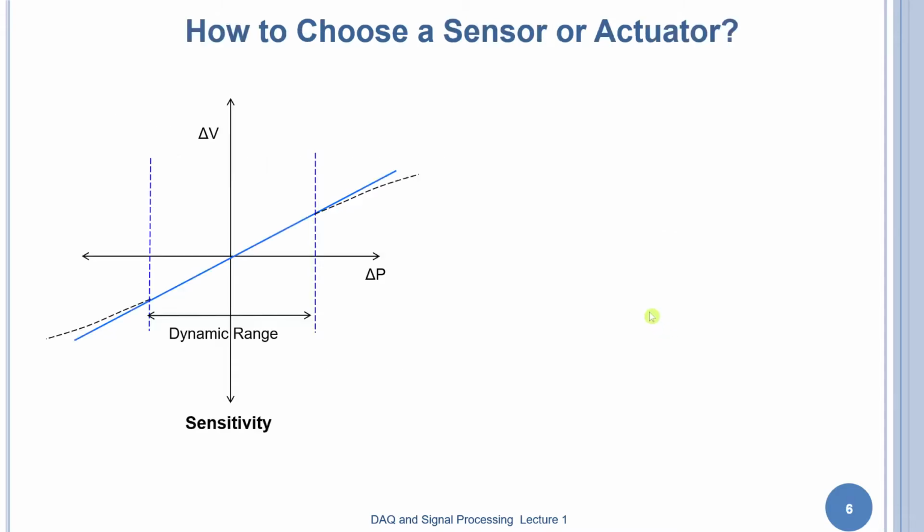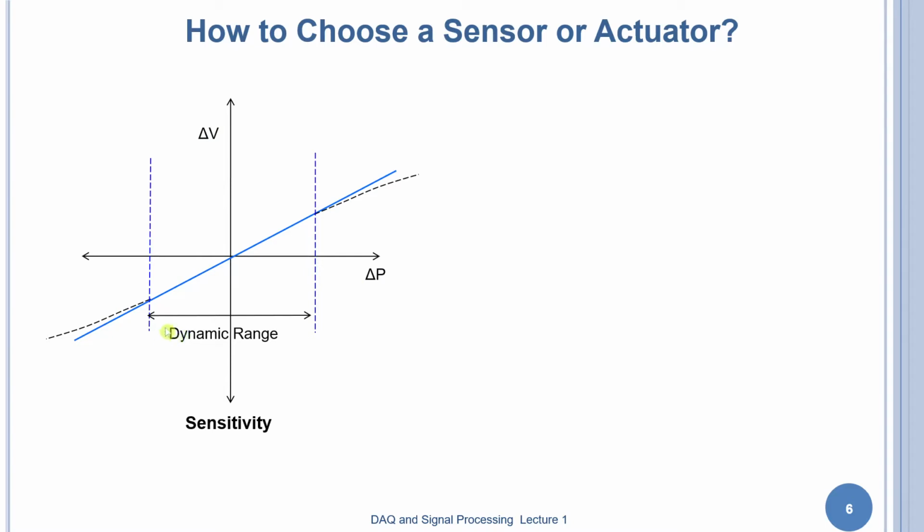Now, how to choose a sensor? There are things which you should be very careful about when you're choosing a sensor. First thing is the sensitivity and the dynamic range. The sensitivity is given by the ratio of your change in voltage to your change in physical system. So here in this case, if you take delta P to be the change in pressure, then delta V by delta P will give you the sensitivity.